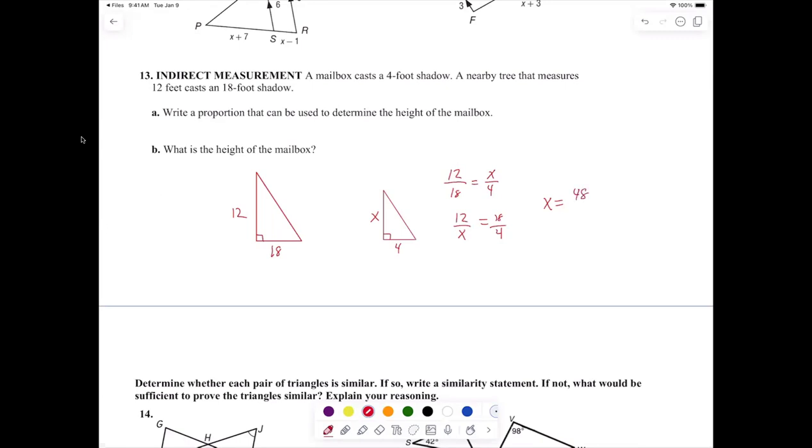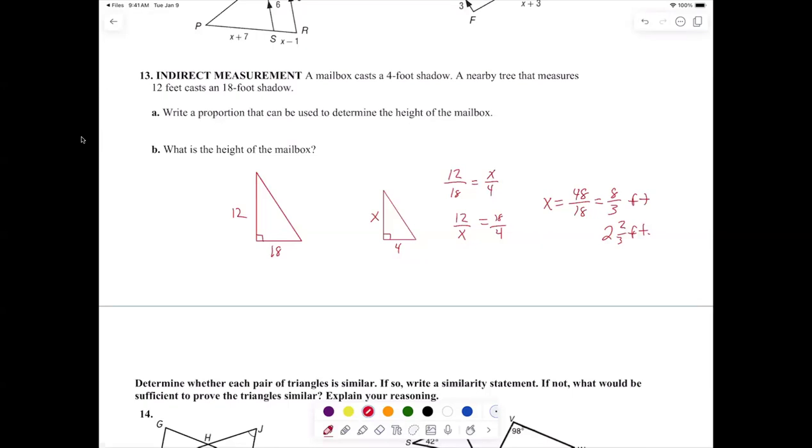Just leave it as a fraction. She said 48 over 18. Her only mistake is she didn't reduce it. What is 48 over 18? 8 over 3. Yes, 8/3 of a foot. If you want to say 2 2/3 feet, I don't care about that either.